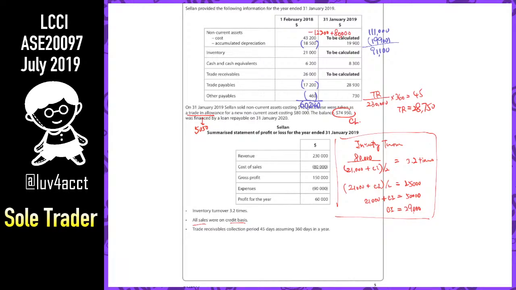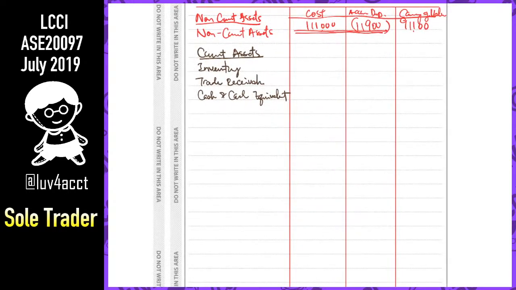Cash and cash equivalent 8,300. Together we have 66050 plus 91100, 157150. Total assets.